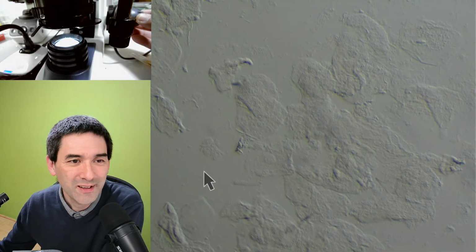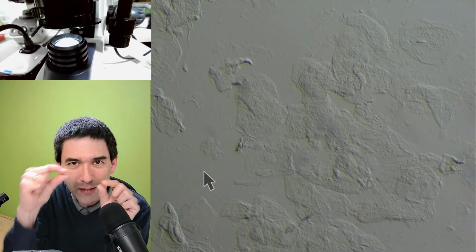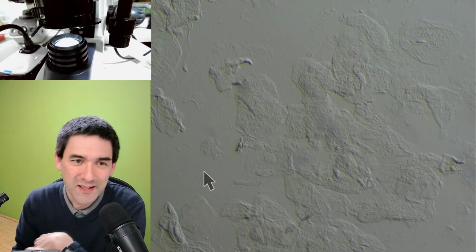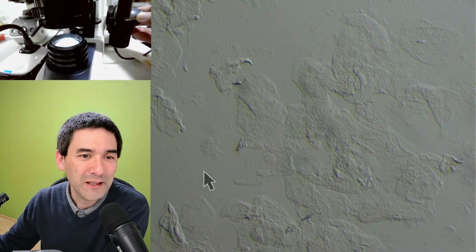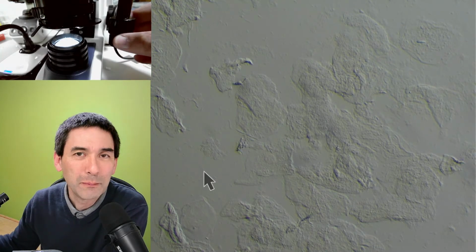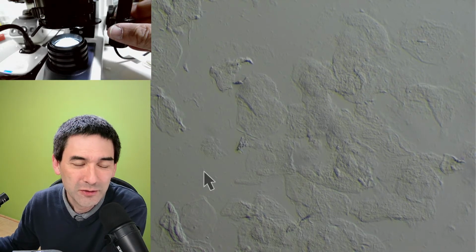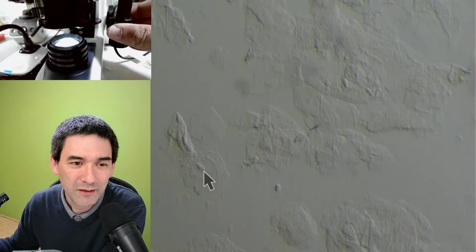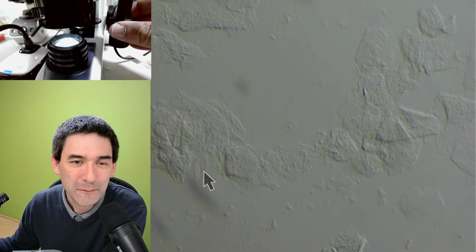Isn't this interesting? The reason is that it's the frame of the filter holder that now acts as the filter. So strictly speaking, if you want to play around with that, you don't even need a filter. You can just use the edge of the filter holder to get a similar effect.